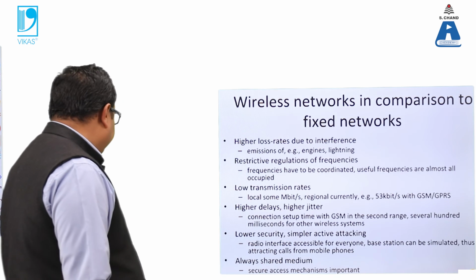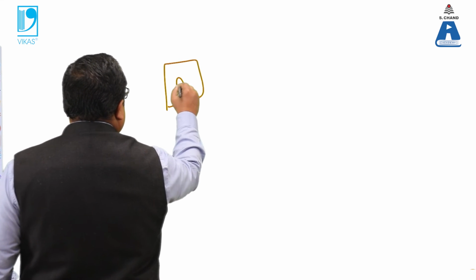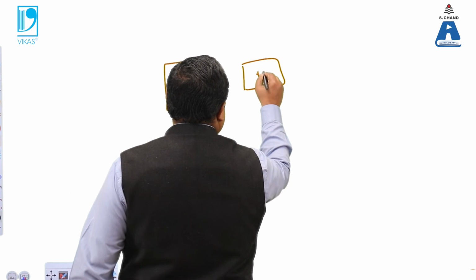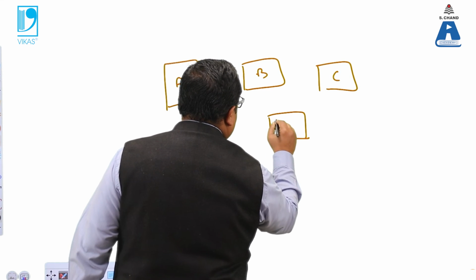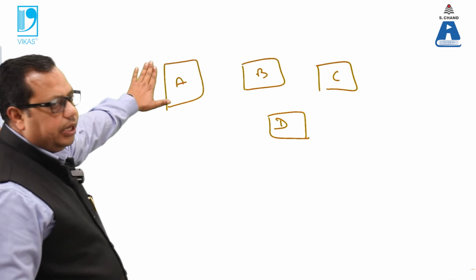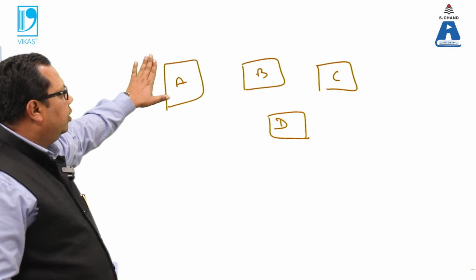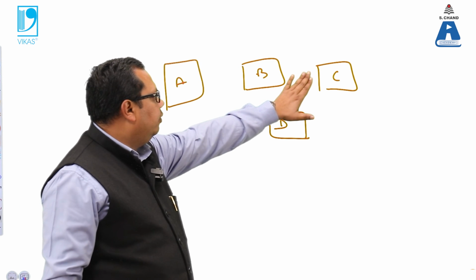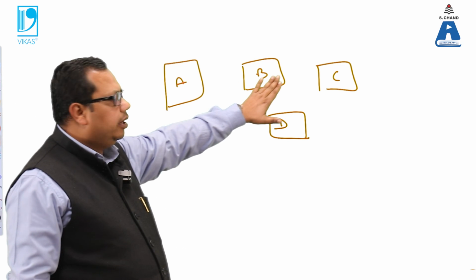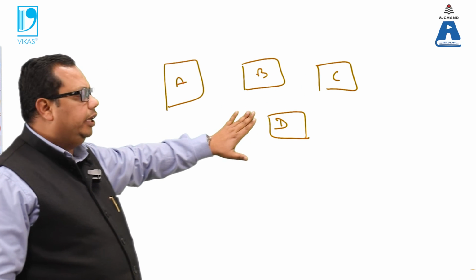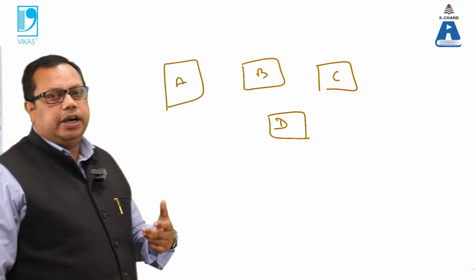Suppose we take an example here, that if this is one particular network A, then it is B, then it is C and D. So it doesn't mean that if I am working with an A-type network, then I can process the data or make the calling only with the A-type network. I can do and process the data with any kind of network. I can do it with A, I can do it with B, I can do it with C, and I can do it with D. So any particular data network I can process and do it. This is what network swapping is.